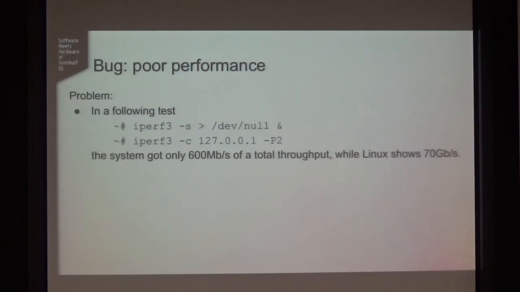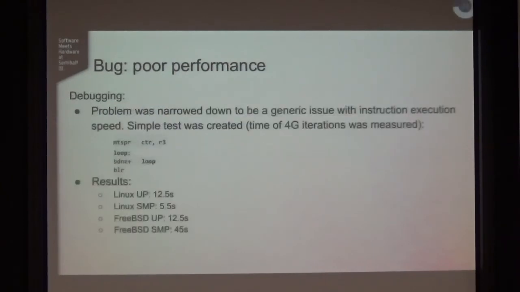We tried to investigate it. Maybe it was the network stack which is poor, or maybe, I don't know, context switches are taking too much time. We ran DTrace on this, but nothing was suspicious until we went back to the very beginning and implemented a very, very simple test.